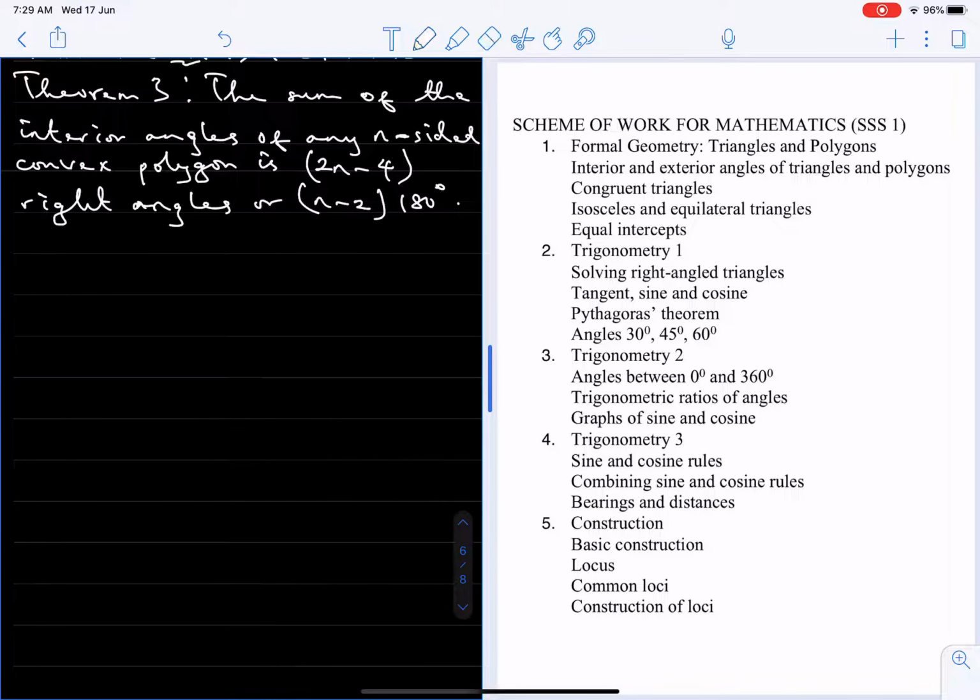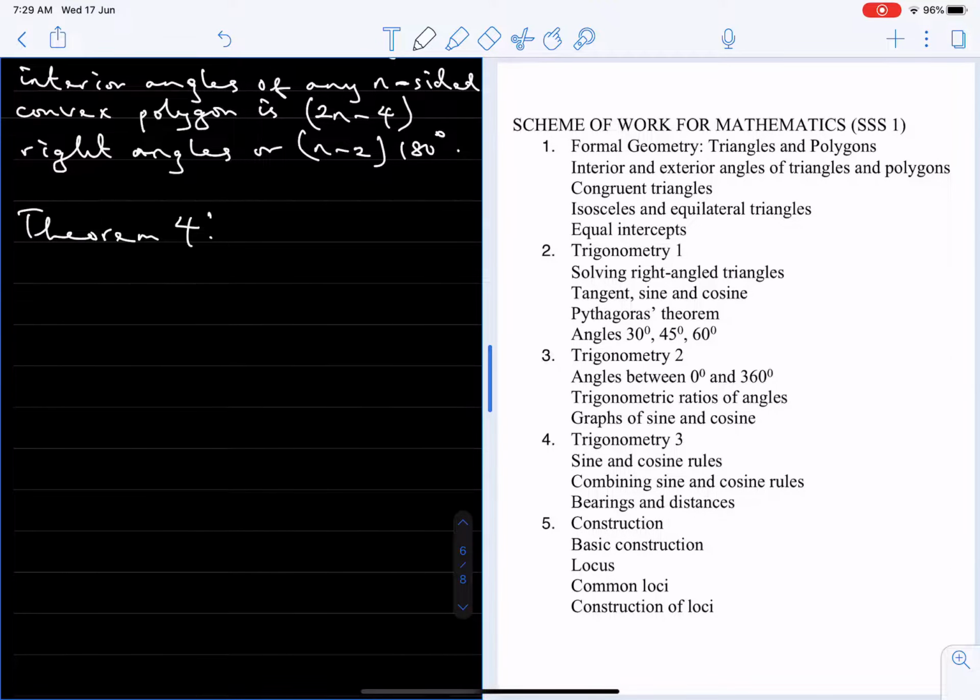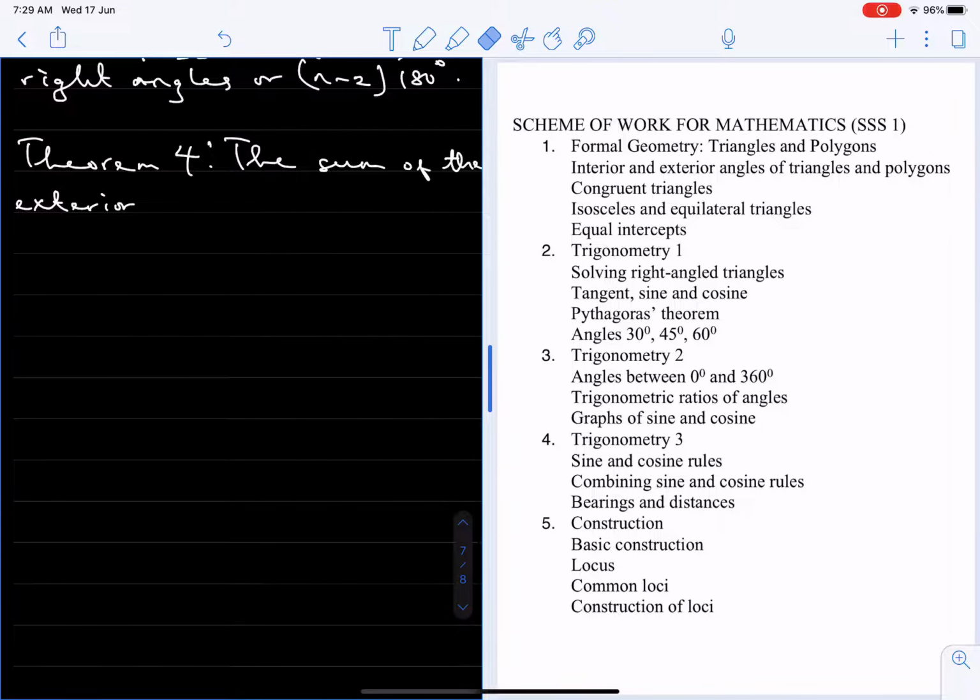And our second theorem, which is theorem 4, we just take these two theorems and then examples. Our second theorem states that the sum of the exterior angles, you know what an exterior angle is.